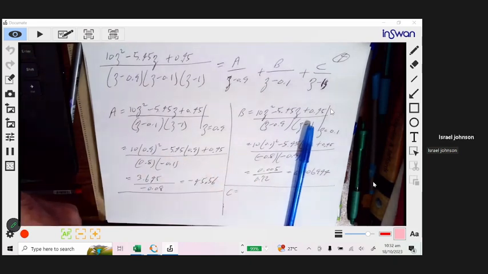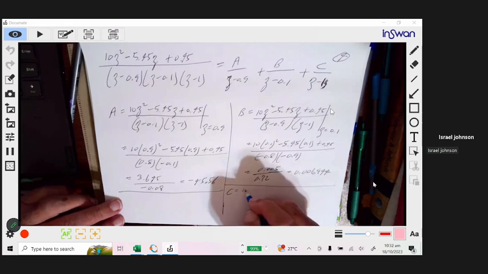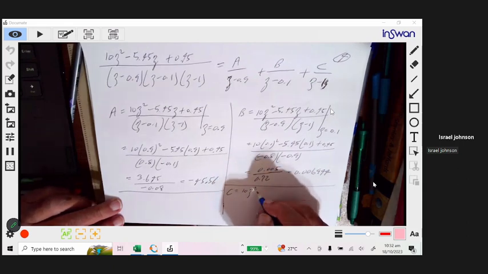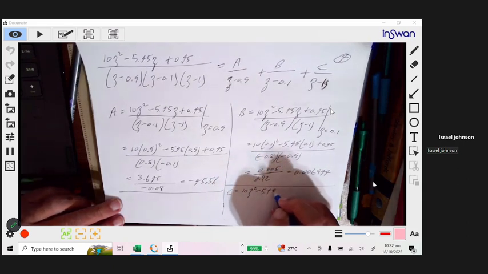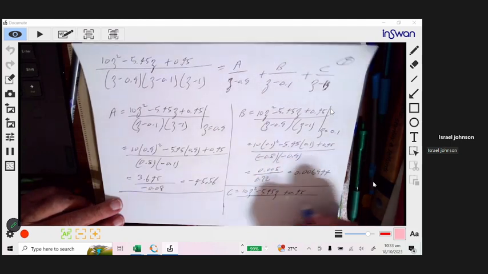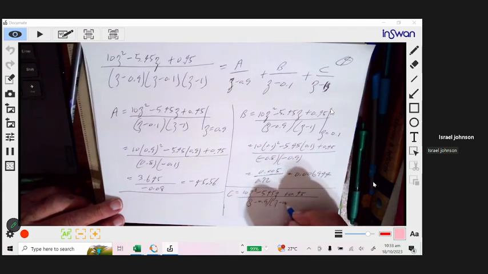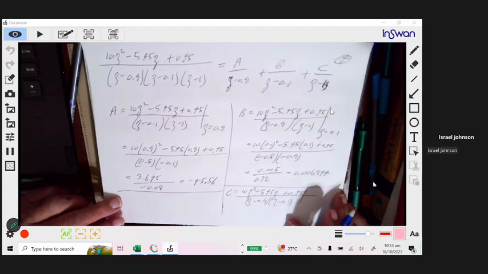What is C? C would be 10 z squared minus 5.4 z plus 0.45 over open bracket z minus 0.9 close bracket times open bracket z minus 0.1 close bracket, evaluated at z equals 1.